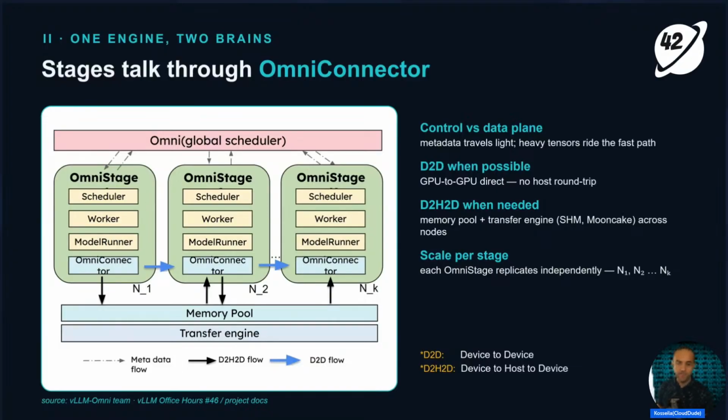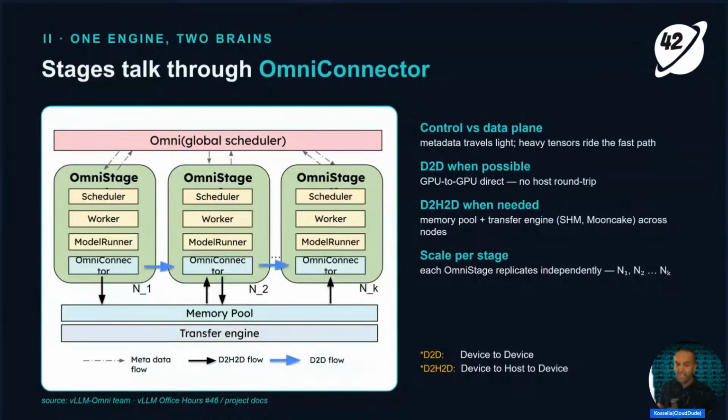In terms of interconnect, inside the node, it goes device to device, D2D, GPU to GPU, so there's no host round trip. But as soon as it crosses different nodes, it falls back to device to host to device, D to H to D, through a memory pool managed by a transfer engine like Mooncake. Most of the time it's Mooncake.